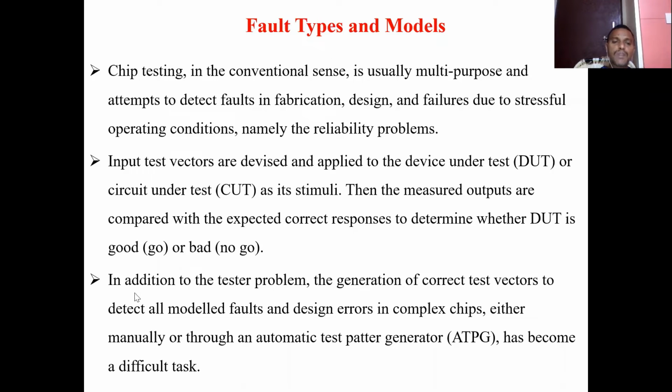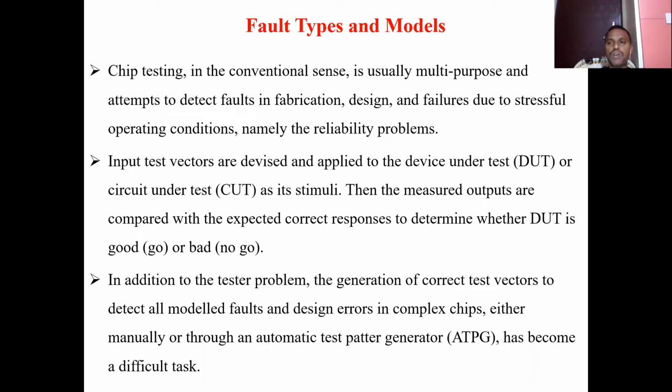In addition to the test problem, the generation of correct test vectors to detect all the model faults and design errors in complex chips, either manually or through automatic test pattern generation, is also difficult. In VLSI testing, we will generate the test vectors.